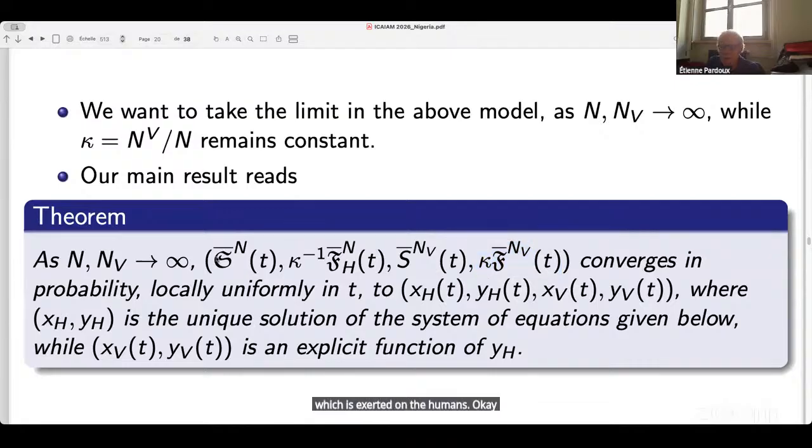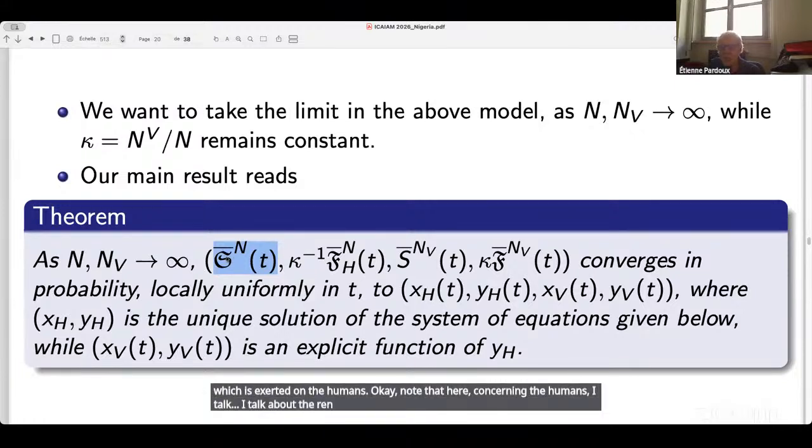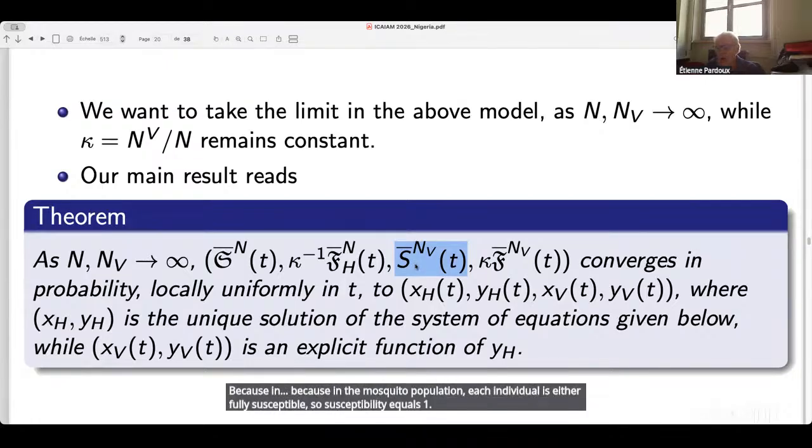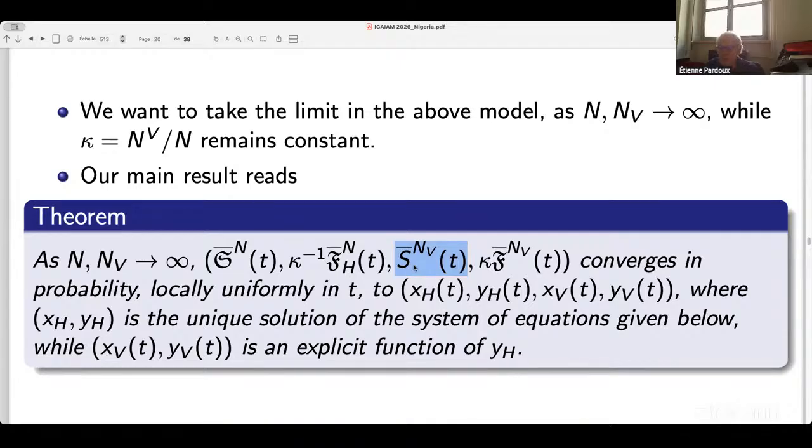Note that concerning the humans, I talk about the renormalized total susceptibility, while for the mosquitoes, I talk about the proportion of susceptible, because in the mosquito population, each individual is either fully susceptible, so susceptibility equals 1, or fully immune. So the renormalized total susceptibility in the mosquito population is exactly the proportion of susceptible individuals. They are the same.